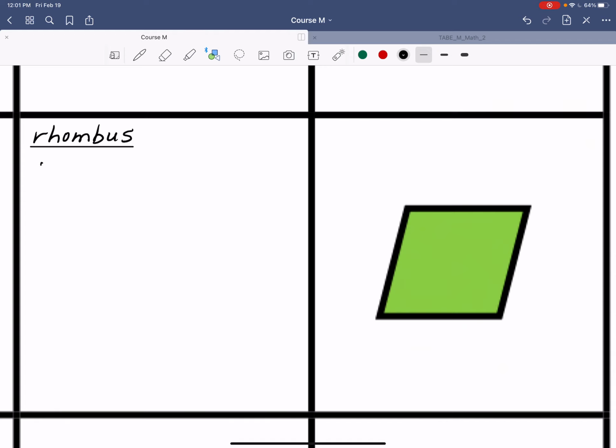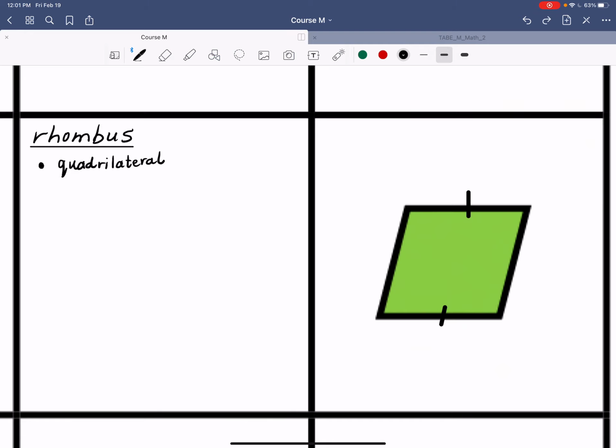A rhombus is a quadrilateral. It is a parallelogram. It fits the definition of a parallelogram. But here's the thing that makes it special. It has parallel bases. So the base sides are parallel.